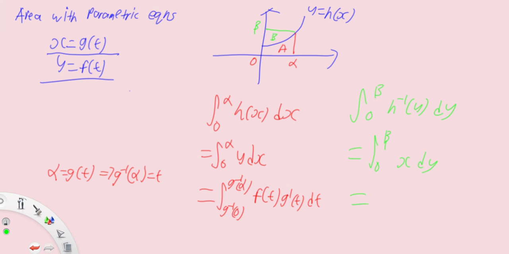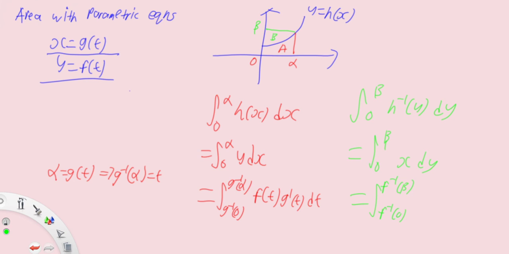Same idea for integrating with respect to dy to find the area B. Once again, find the limits. In this case, the limits are on our y-axis, or rather our y variable. That's why we have f inverse of beta and f inverse of 0.